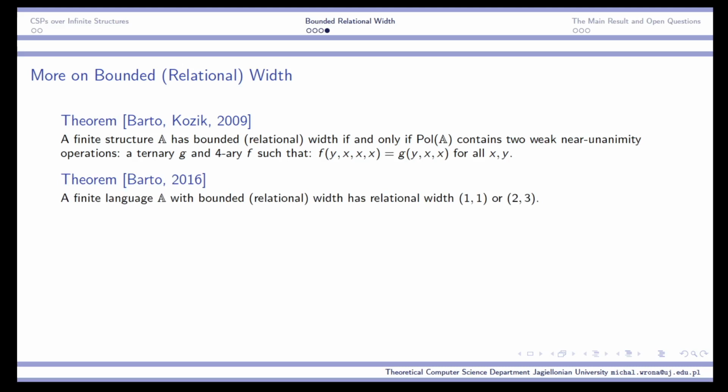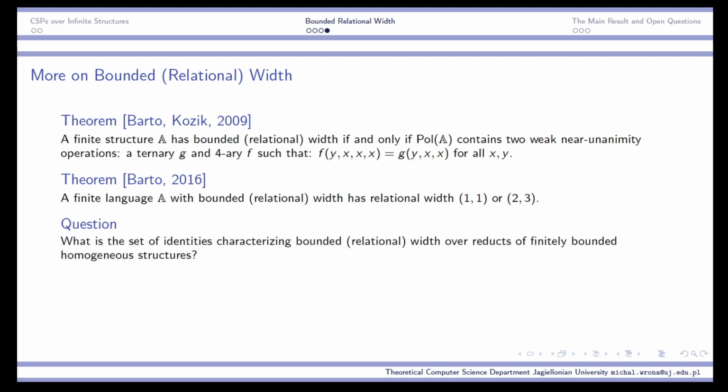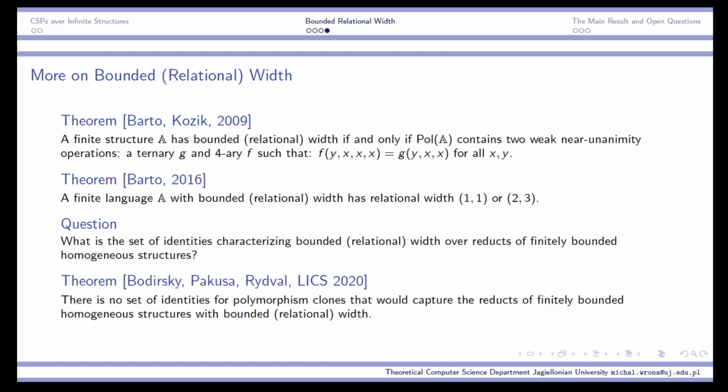And actually, at the top of this, Libor Barto obtained his characterization. So first, perhaps we should ask if there is a set of identities characterizing bounded relational width over reducts of finitely bounded homogeneous structures. It was open for some time, but it's known since recently, and presented at this conference, that there is no set of identities.